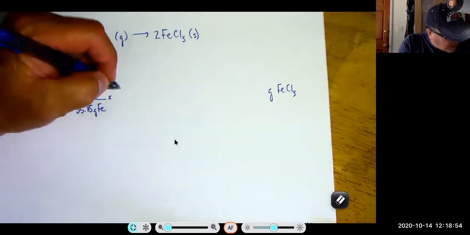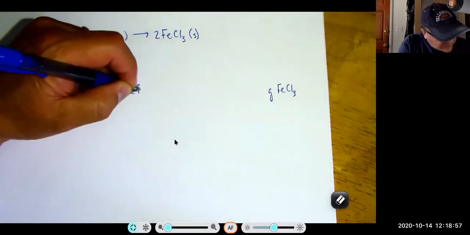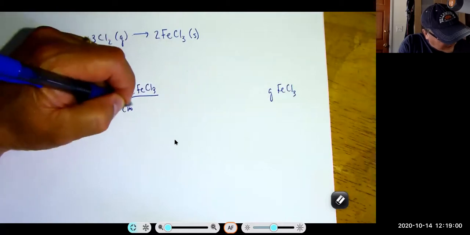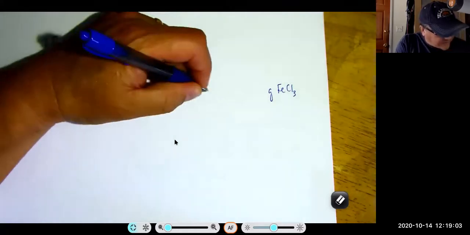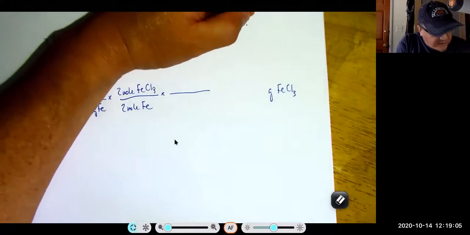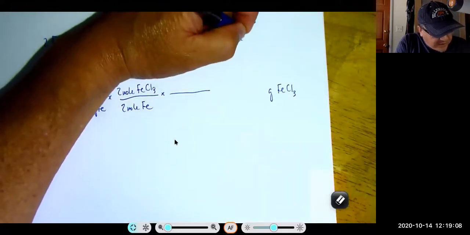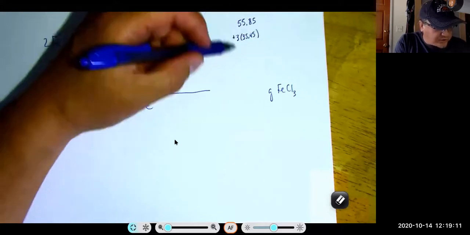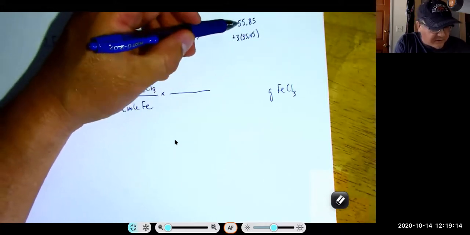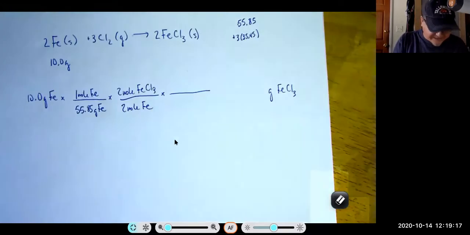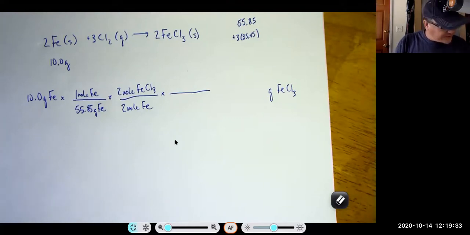And then here, there are 2 mole of iron 3 chloride per 2 mole of iron. And then the molar mass of iron 3 chloride is going to be 55.85 plus 3 times 35.45, which puts us roughly at about 160-ish. Now let me do the work and make sure that it comes out close to that. 55.85 plus 3 times 35.45. 162.